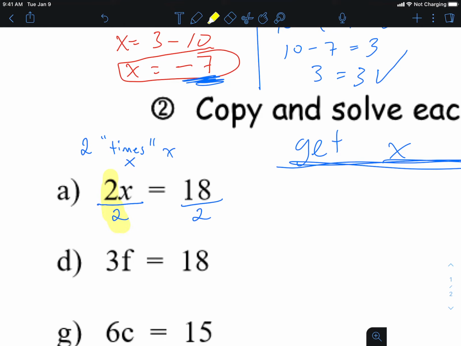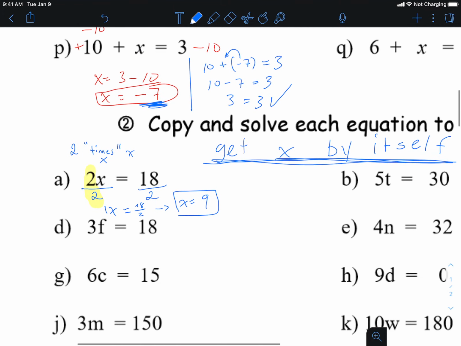What's 2 divided by 2? 1. So 1x is equal to, what's 18 divided by 2? 18 divided by 2 is 9. That's all I want to see and hear. X equals 9. Done.